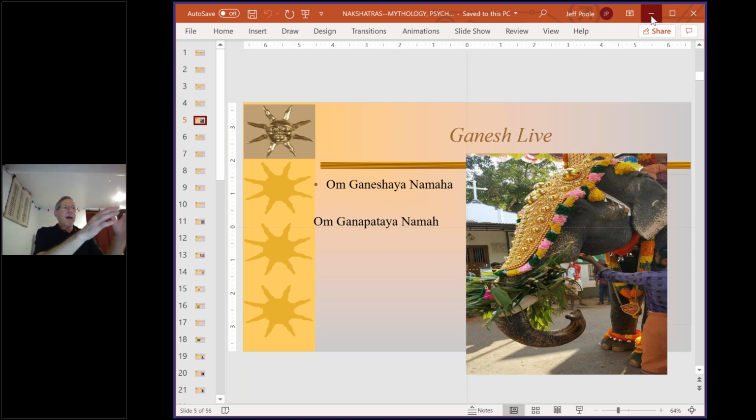So now we're sitting in the center, in Bharani, in the center of Aries, and now we're going to the bridge that flows the spirit of the mind into what's called Kritika. Kritika means the razor, the cutter.